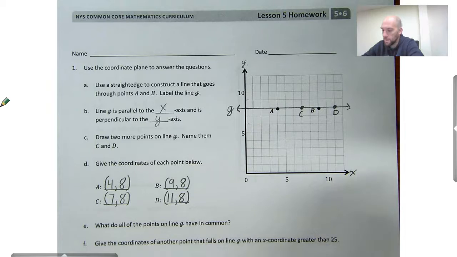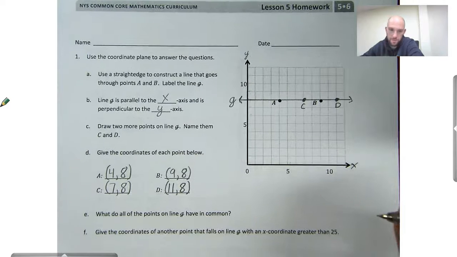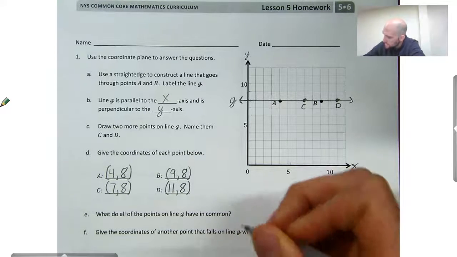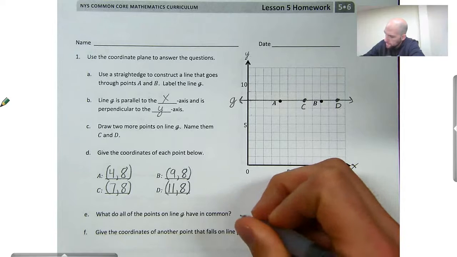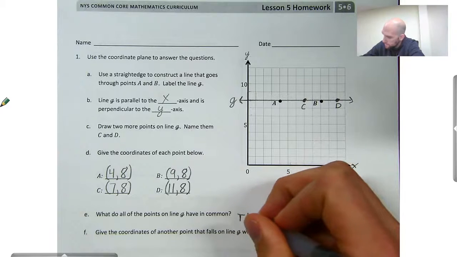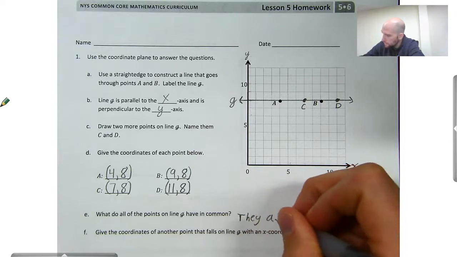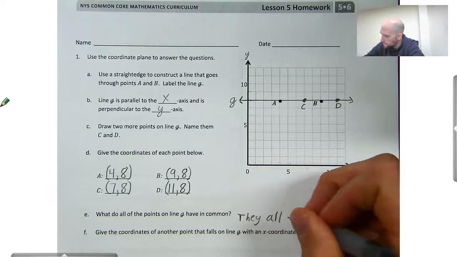So what do all the points on line G have in common? As we were just saying, they all have a y coordinate of 8.